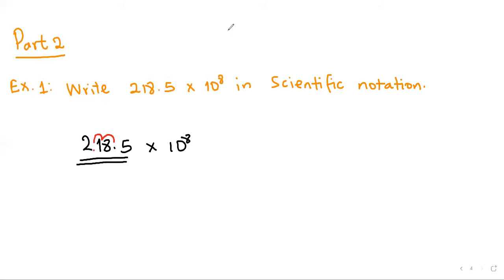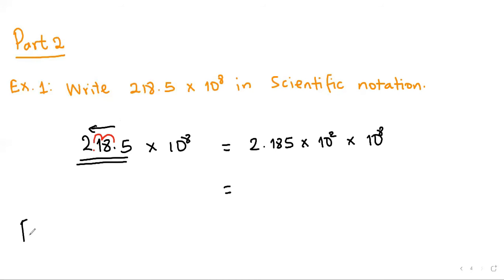So this means that we will have it as 2.185 times 10 to which power? You can see that we are moving from right to left. This means that the power will be positive. So the power of 2, times 10 to the power of 8. Okay? So we use property 1 of exponents.